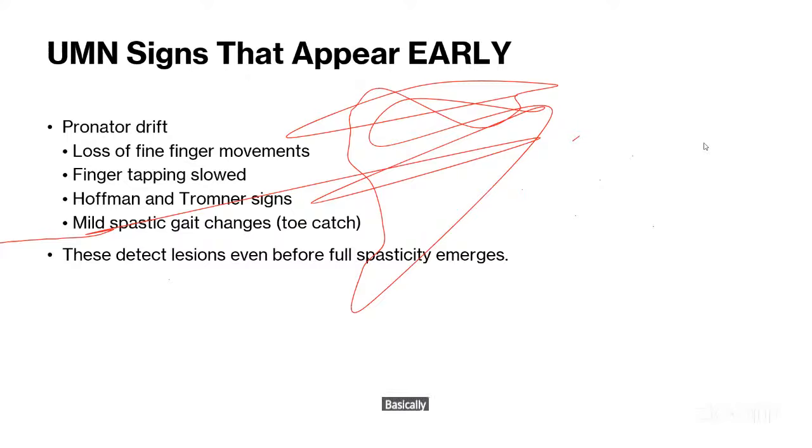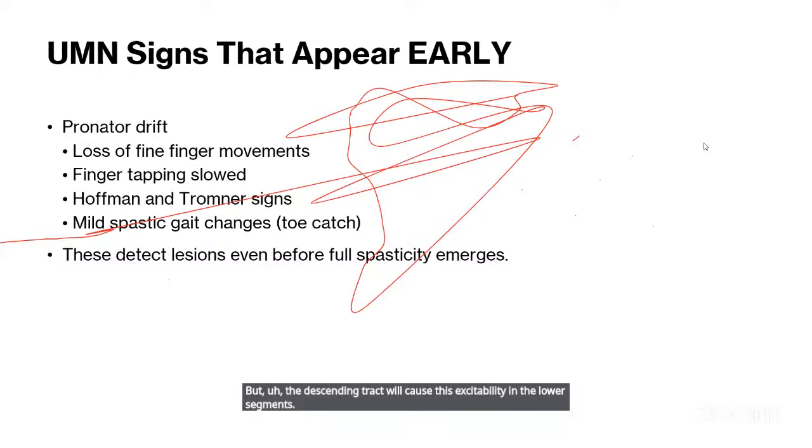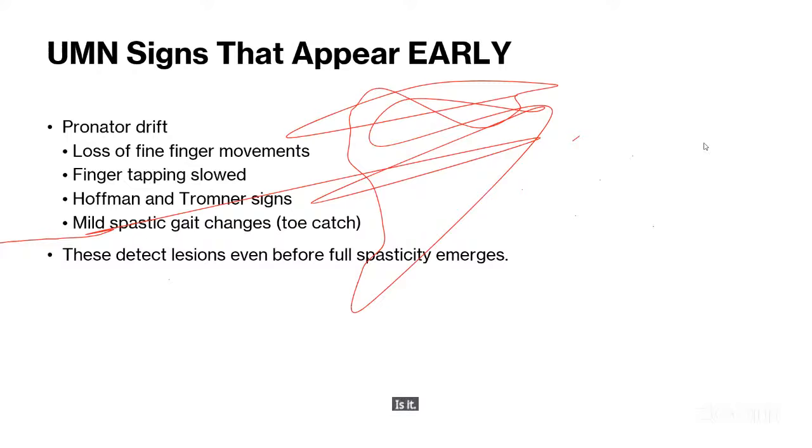Basically, at the level, the reflex pathway is damaged, ma'am. But the descending tract will cause this excitability in the lower segments. Right. So in a simple way, you can understand that when there's a radiculomyelopathy, there is a root involvement and a spinal cord involvement as well.